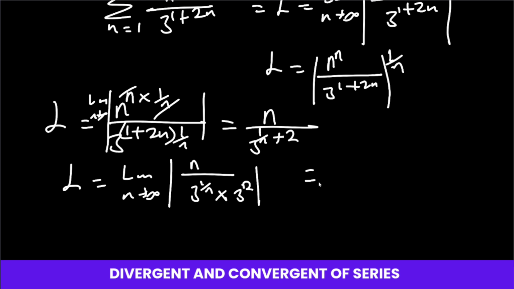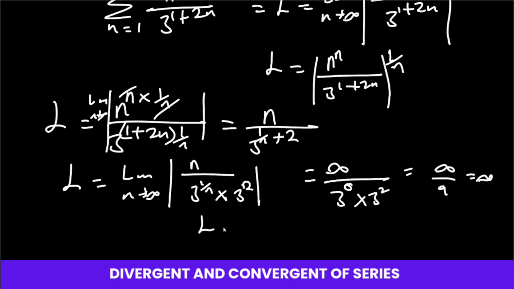Now we put in the limit. So we have infinity over 3 to the power 1 over infinity, that will give us 0, times 3 squared. 3 to the power 0 will give us 1. So 1 times 3 squared will give us 9. So this is infinity over 9, and that's the same as infinity.